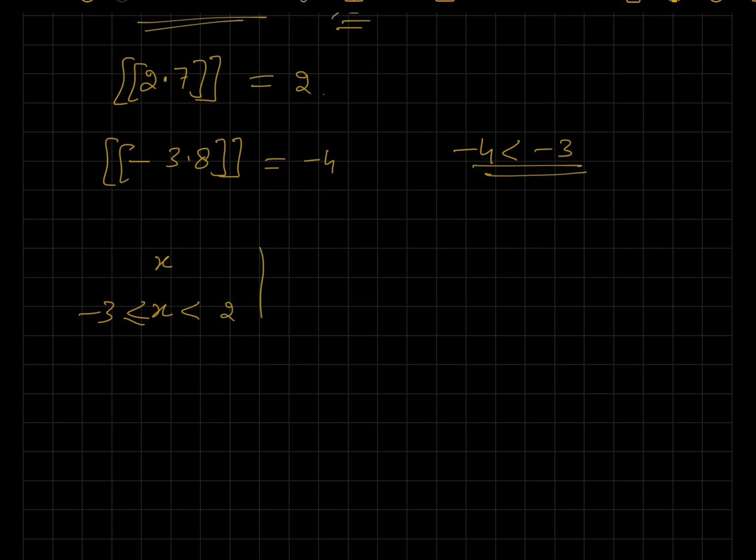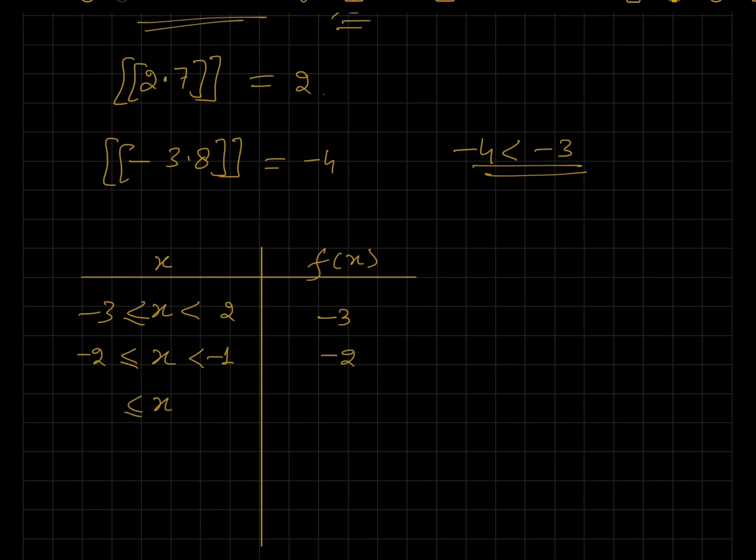In that case, my f(x) value would be rounded down, so it would be negative 3. Got it? Next, x is greater than or equal to negative 2 and less than negative 1, so that would be rounded down to negative 2.